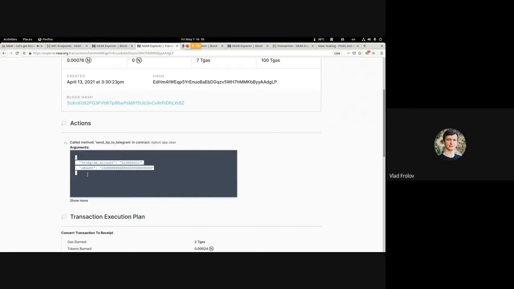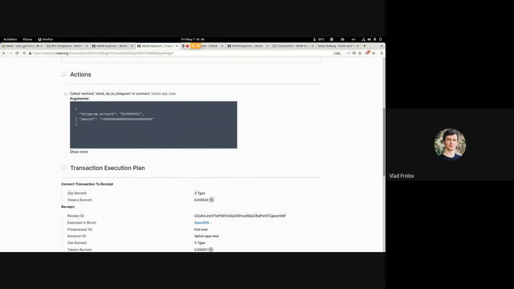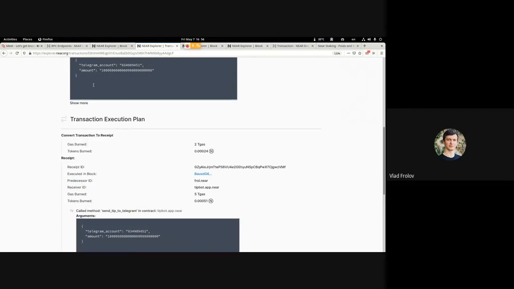Arguments are most of the time in JSON format, but on NEAR protocol they're not limited to JSON at all. It could be any binary protocol. Ref Finance uses Borsh over here, so it's completely unreadable, but it's more efficient than having JSON to parse on the contract level.